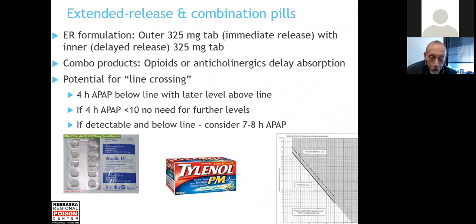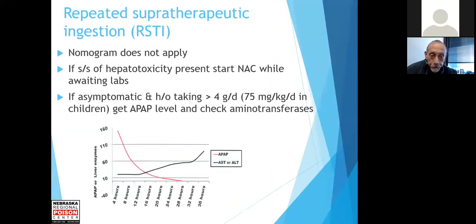But because of the altered GI motility, that person might have an 8-hour level that is 110, a little bit less, but that is now above the threshold, which would be 75 at 8 hours. So we recommend with these combination products, it's often a good idea to get a second level.